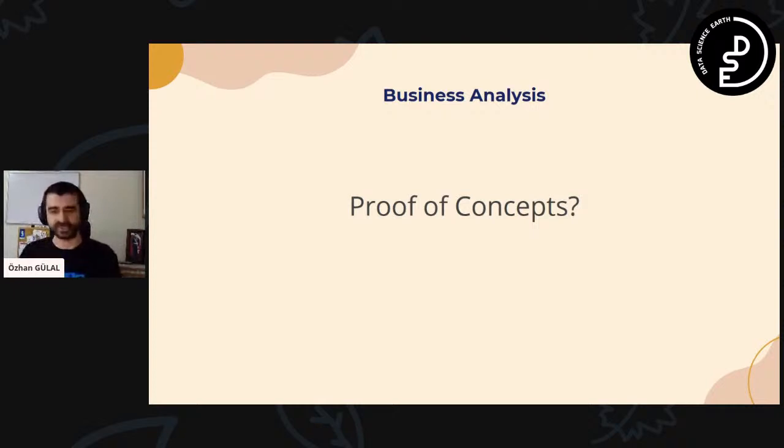What about proof of concepts? What technology are you going to use? Which step? Which technology? How can you solve this problem using these technologies? Maybe you can decide your technologies, but do your team members know this technology or not?